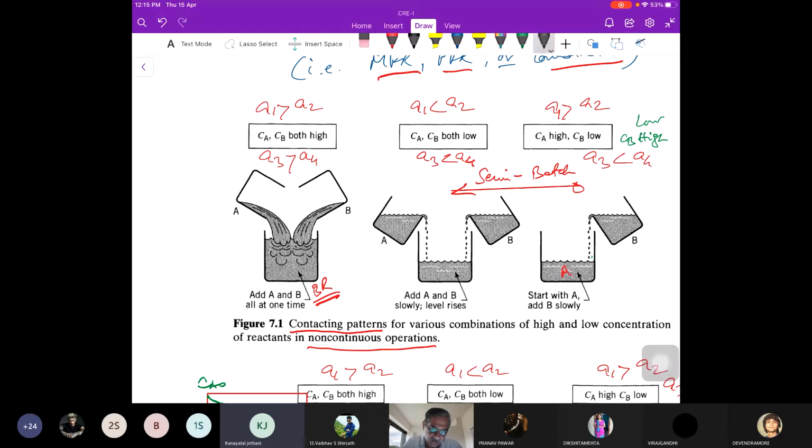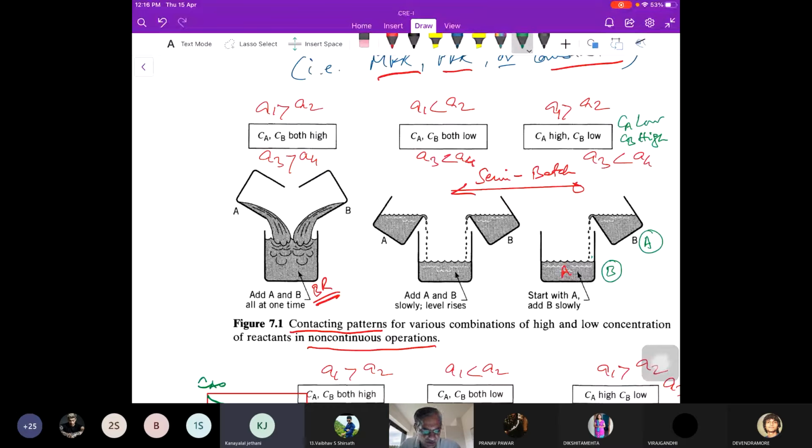I want Ca low and Cb high. तो B पहले कंटेनर में लेना होगा, उसके बाद A slowly. In that case, I should take B in the container and add A slowly.